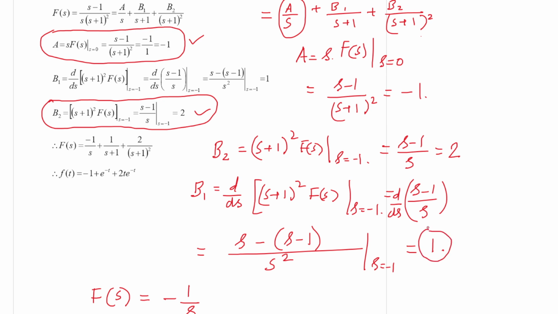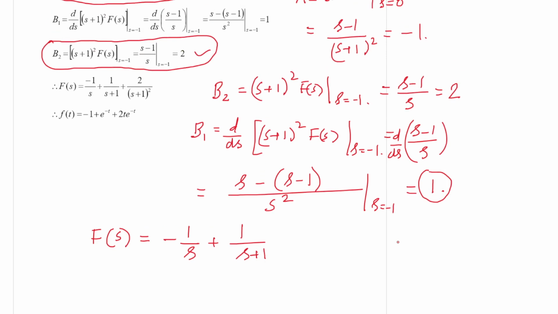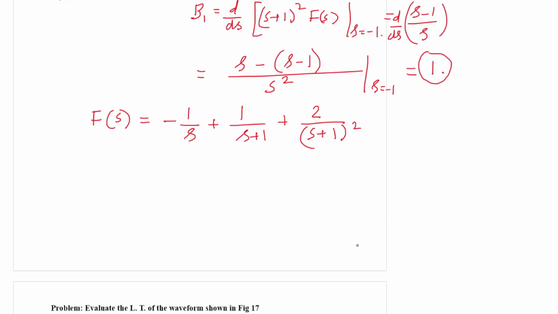So we write plus 1 by s plus 1. And then b2 we have evaluated as 2, so it will be 2 by (s plus 1) square.